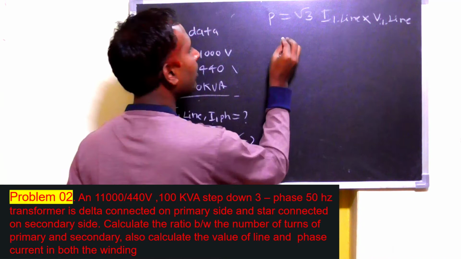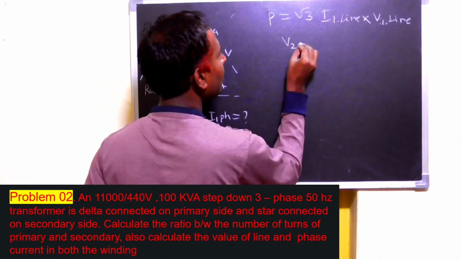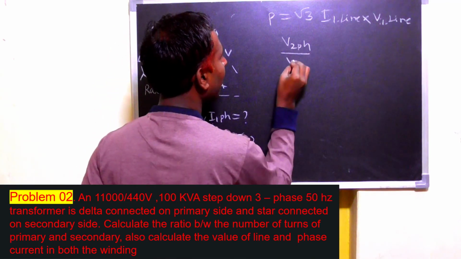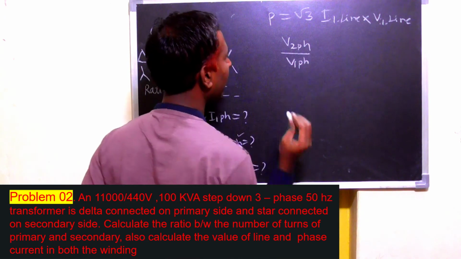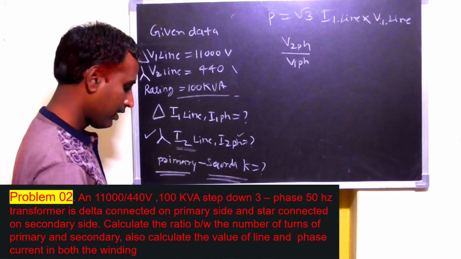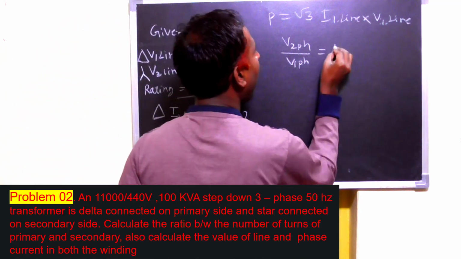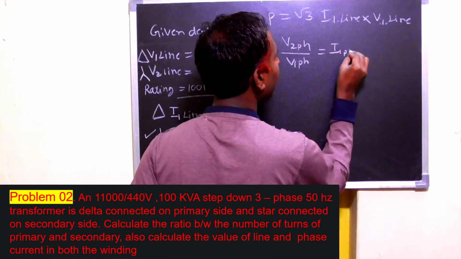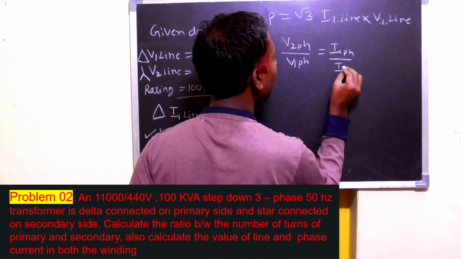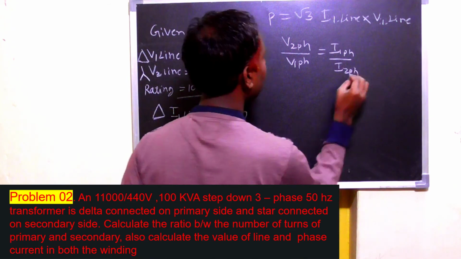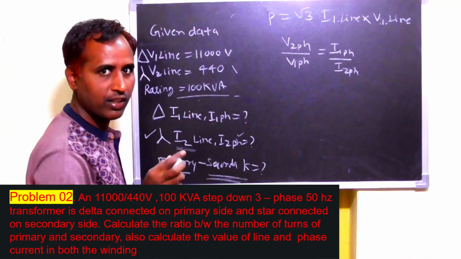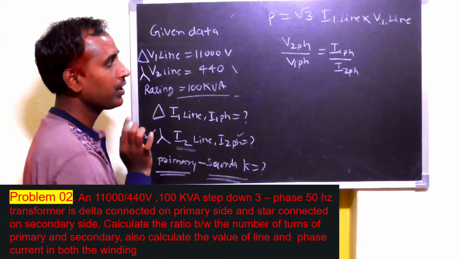What is the different formula? V2 phase voltage divided by V1 phase voltage equals I1 phase current divided by I2 phase current. This is the voltage transformation ratio formula used here.